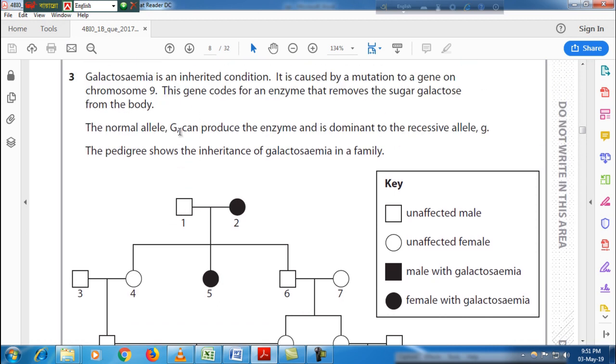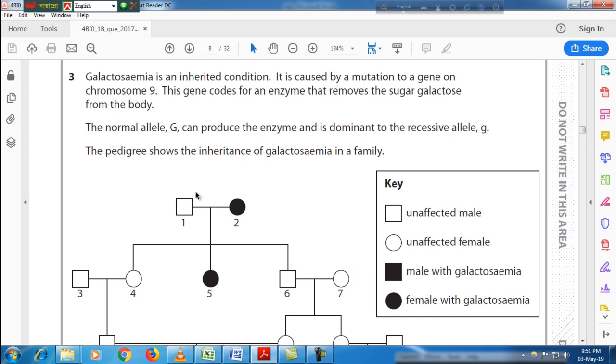Unaffected when? If there is a capital letter G. So in the box it is unaffected male. In order to have this disease we need 2 recessive alleles, small letter g.